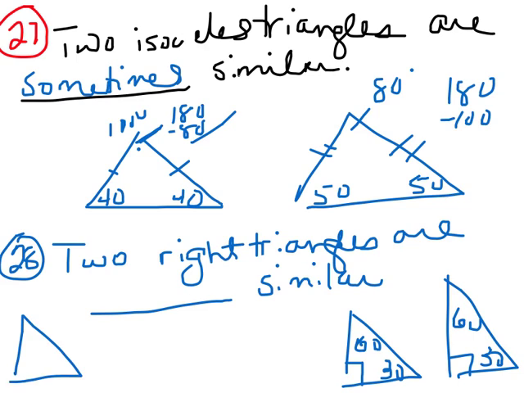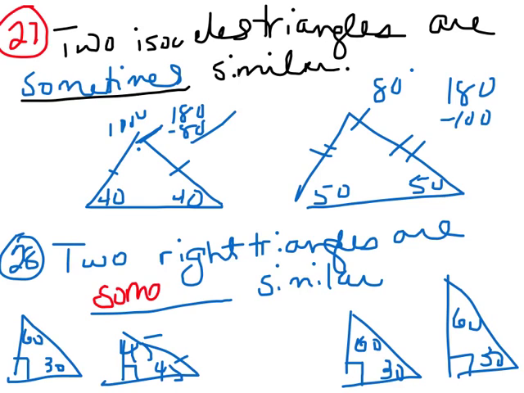But couldn't I have a right triangle that was 30, 60, 90, and another one that was 45, 45, 90? Those angles don't match up, so they're not similar. So sometimes I can find them, and they'd be similar, but most of the time they're probably not going to be, and you just never know till you look at the angles and see if they match up.